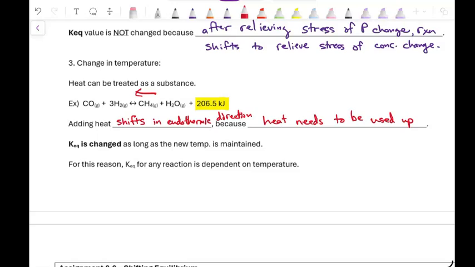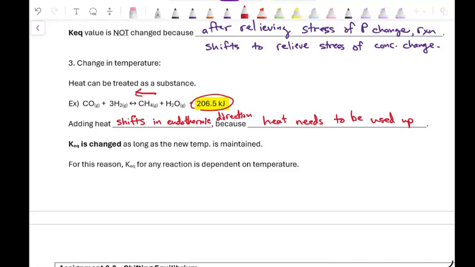So this time, though, the KEQ is changed. And we've already said that KEQ is temperature dependent. It's for this reason, because every reaction, whether we list it or not, has heat somewhere. It's either on the right side or the left side, and it's either a little or a lot. But regardless, there will always be an effect of changing temperature on the equilibrium system.